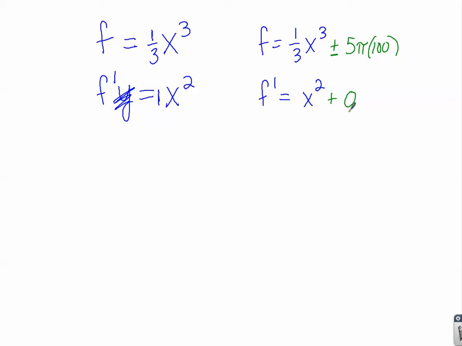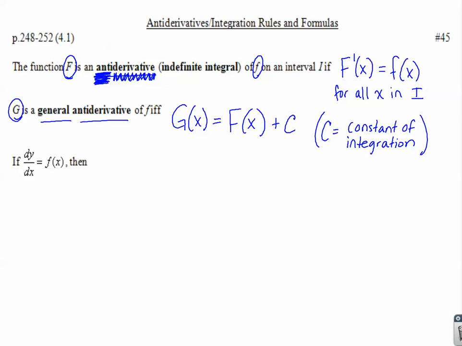So when we take antiderivatives, we have to keep in mind that there is a possible constant in the original function because the derivative of a constant is always 0. So anytime we do an antiderivative, we say the function plus a constant, c for any constant, and we call that the constant of integration.